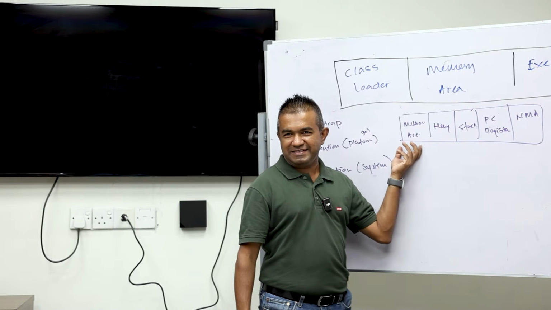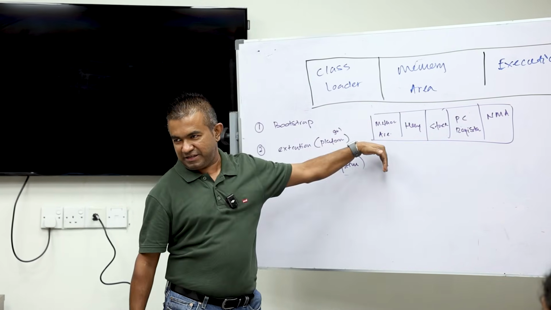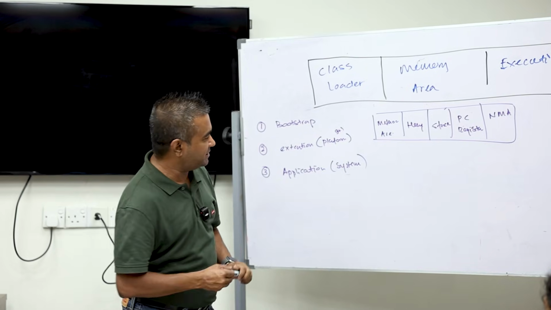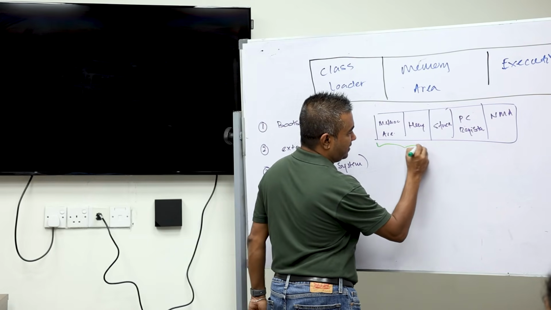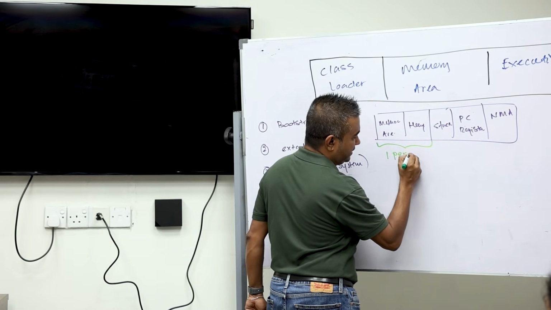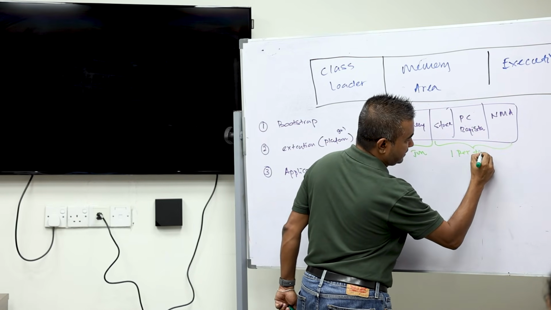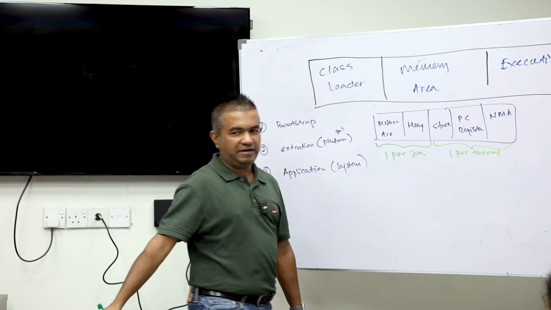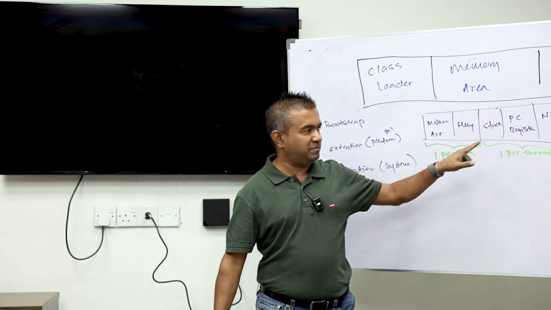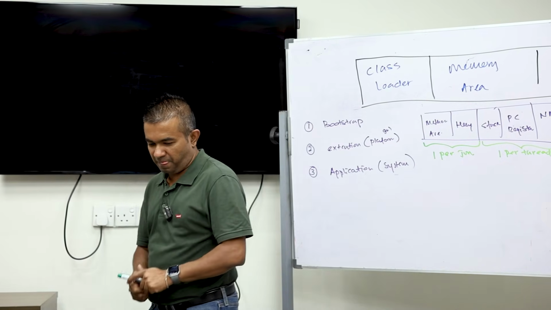So what the method area does is we load the class into the method area. Out of these, some are 1 per JVM, and some are 1 per thread, okay?